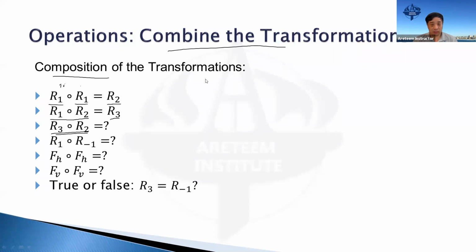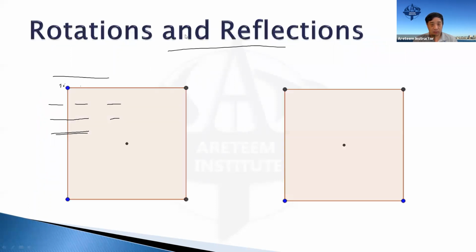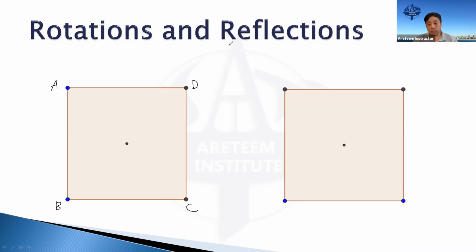Let's actually try this, just experiment. It's better to do the labels, A, B, C, D. So this current question is R3 combined with R2.